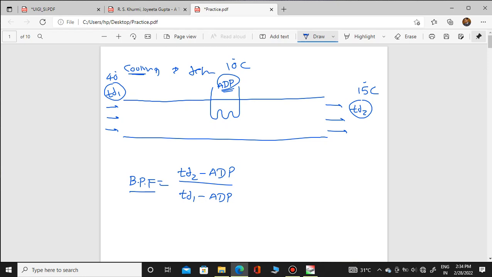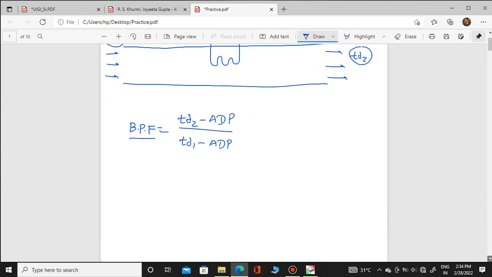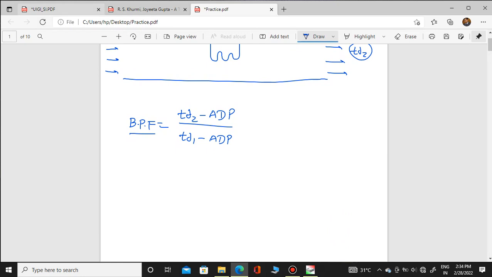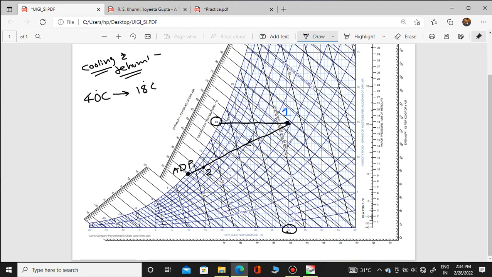Now we will discuss sensible heat factor. For sensible heat factor, you will have to draw a triangle. Let us draw the triangle here.